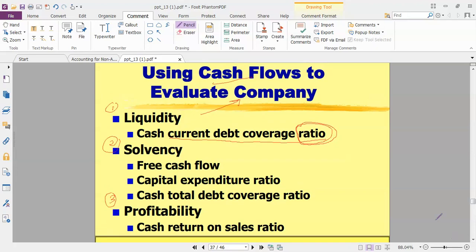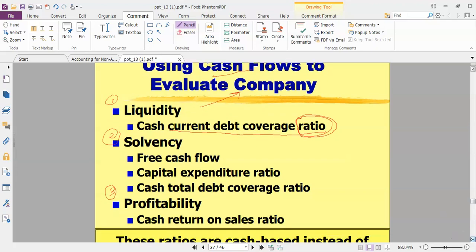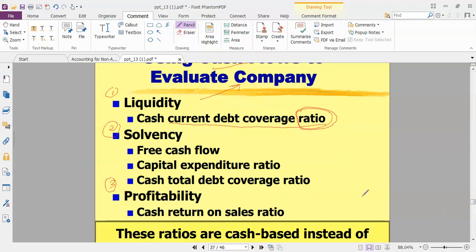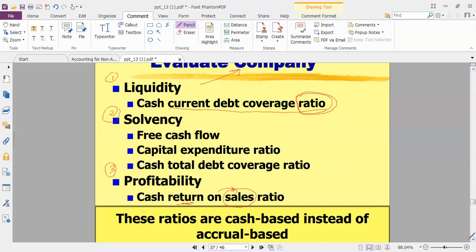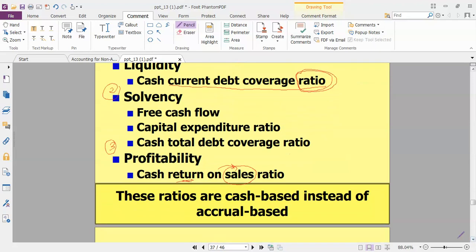So by using which ratio? Cash return on sales. How much is your return on the sale? How much cash will you get from the sale? That is the cash return on sales ratio.